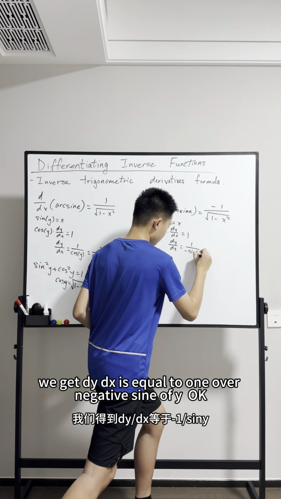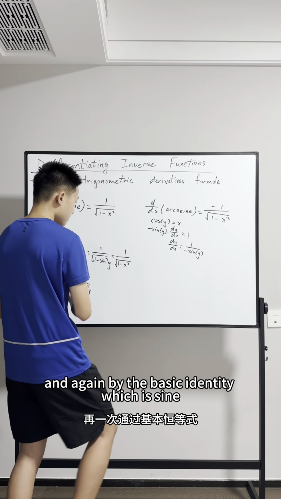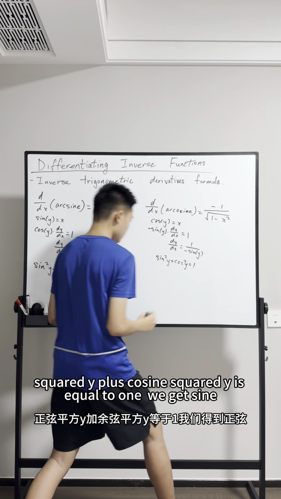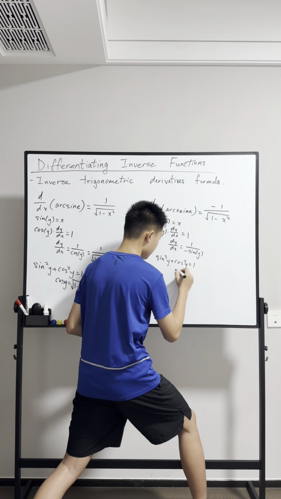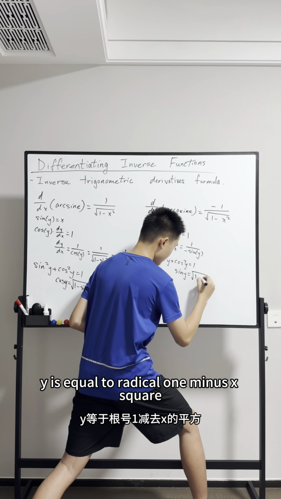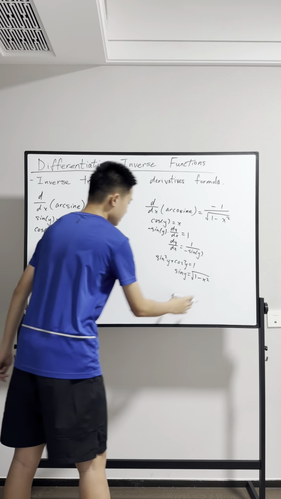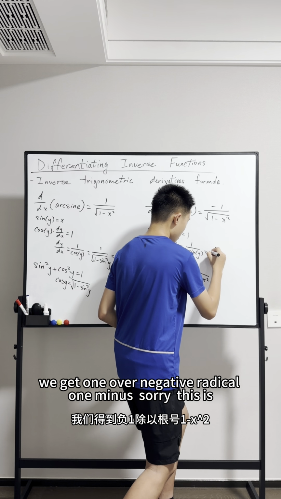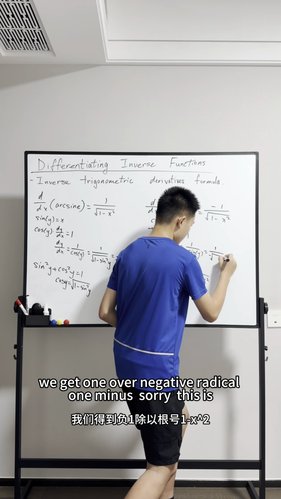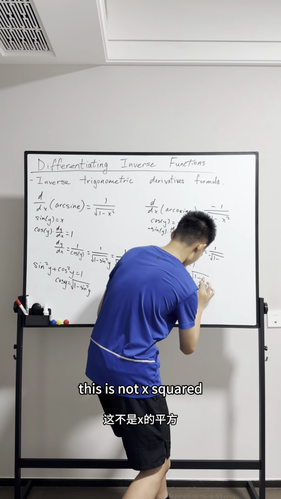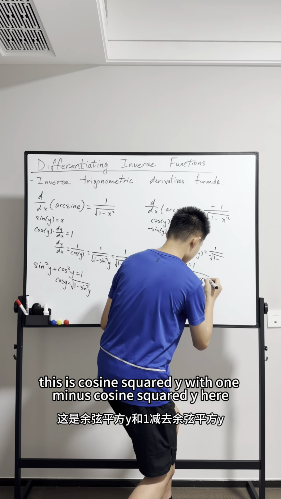Again, by the basic identity, sine squared y plus cosine squared y is equal to 1, we get sine y is equal to radical 1 minus cosine squared y. Substituting this into our derivative, we get 1 over negative radical 1 minus cosine squared y.